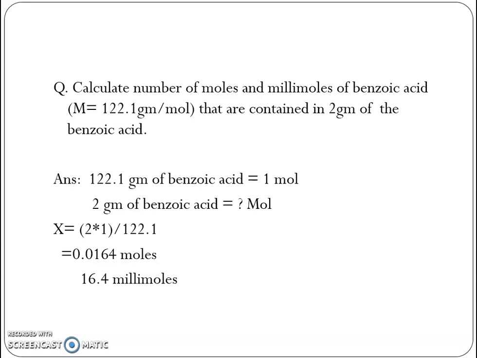Now we want to find out the number of moles in 2 grams. So 2 gram of benzoic acid will give how many moles? We can put it X and cross multiply, and the answer is 2 gram of benzoic acid contains 0.0164 moles. So you can convert it into millimoles. It will be 16.4 millimoles.